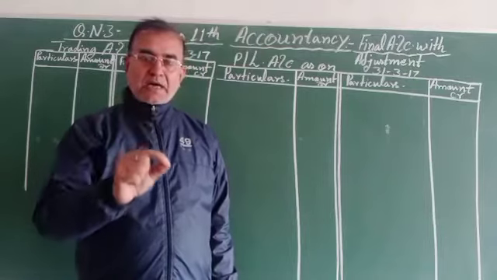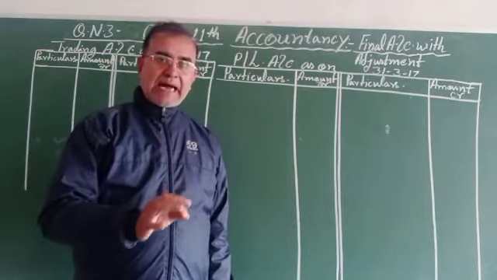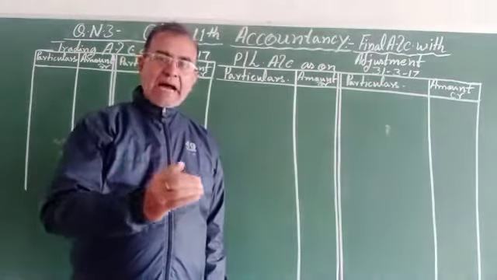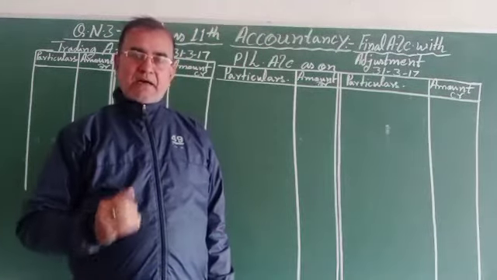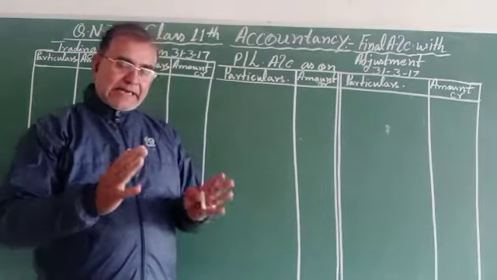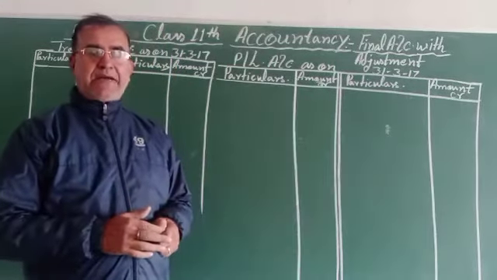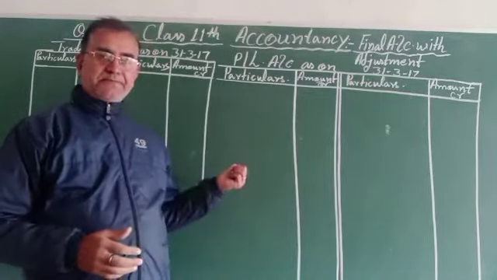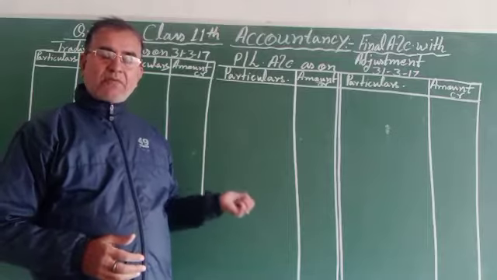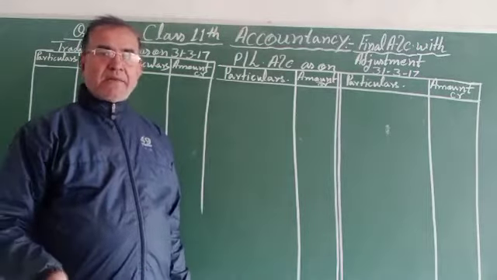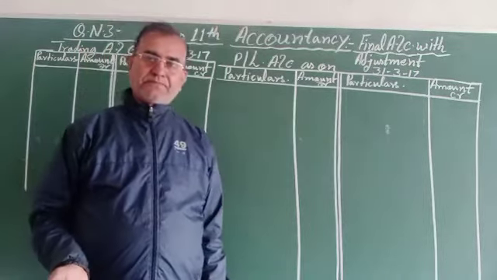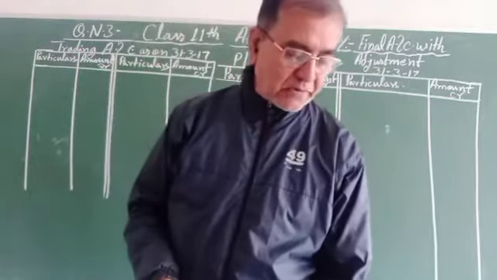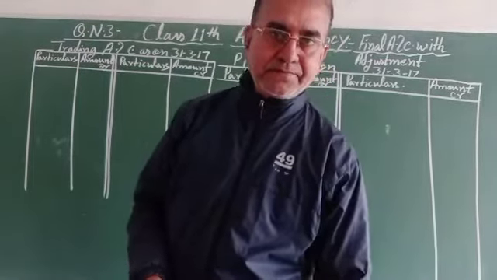You have to shortlist whatever items are recorded in trading account and whatever items are recorded in profit and loss account, and the additional information given below the trial balance are adjusted in trading account, profit and loss account as well as balance sheet also. So go through the questions.